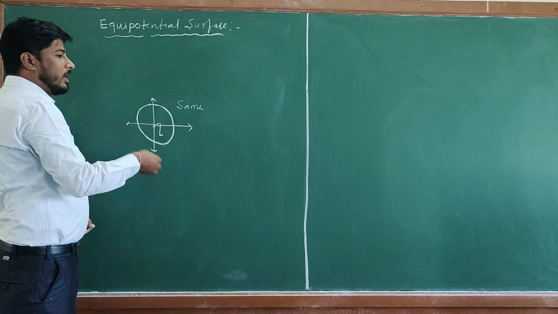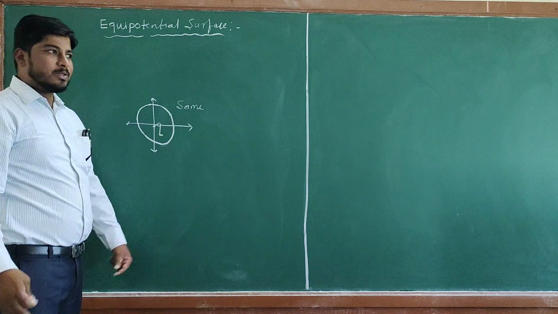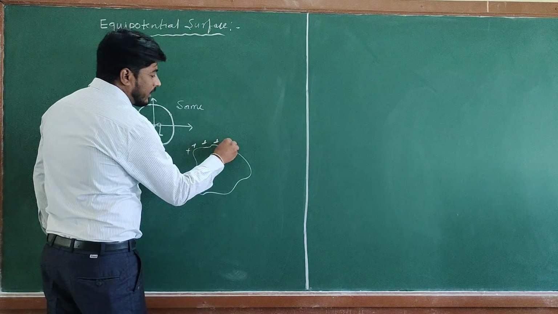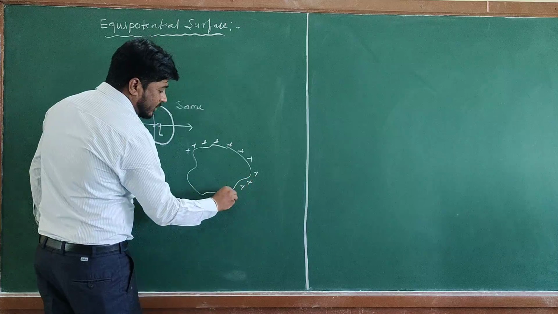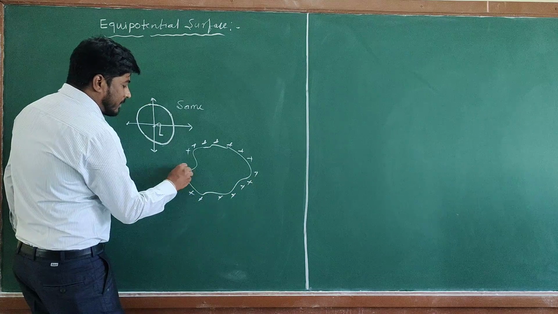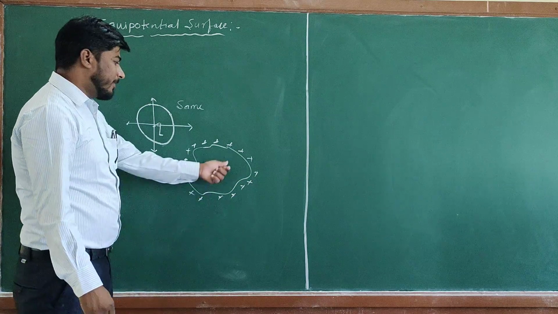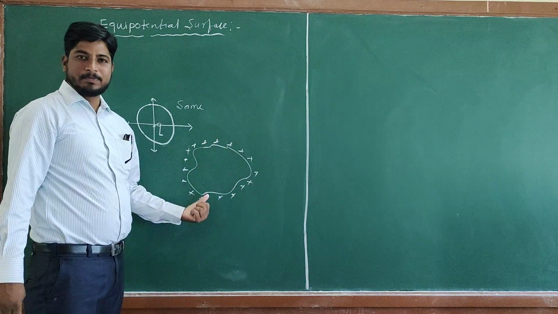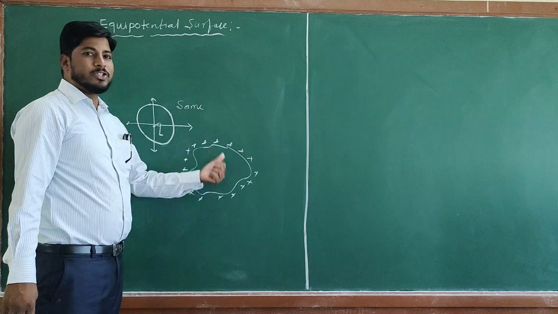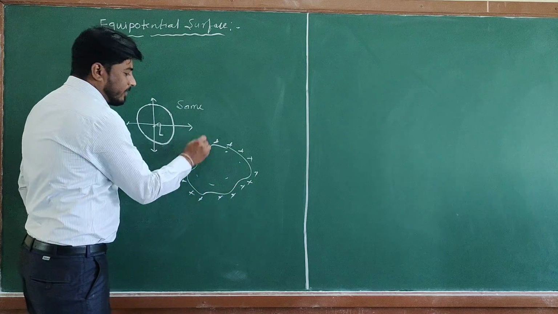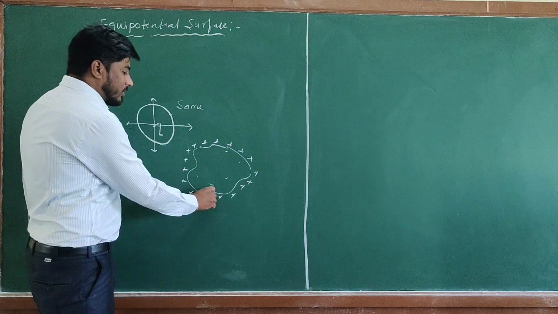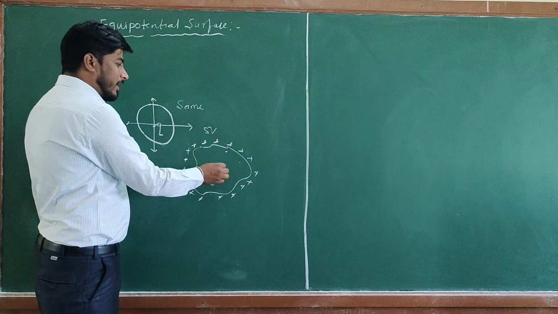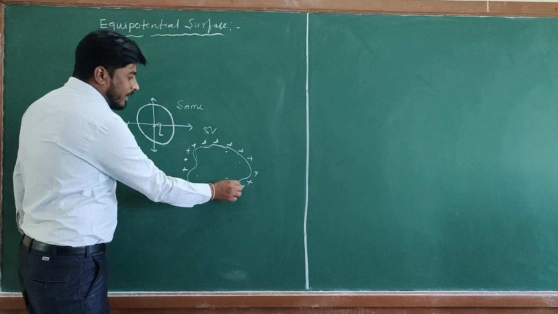The equipotential surface. Suppose that any conductor is charged, then this surface has a constant potential at every point, everywhere. Say if I charge it to 5 volts, then at every point I will get the same potential.